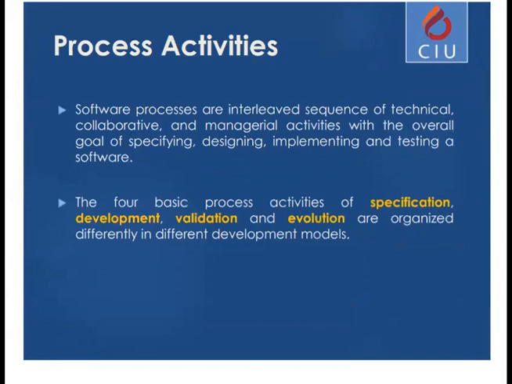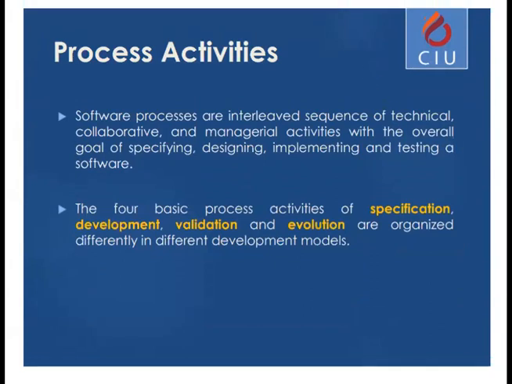Regardless of which process model you choose, you will need to apply these process activities to the model that you have chosen. These are the specification, development, validation, and evolution.